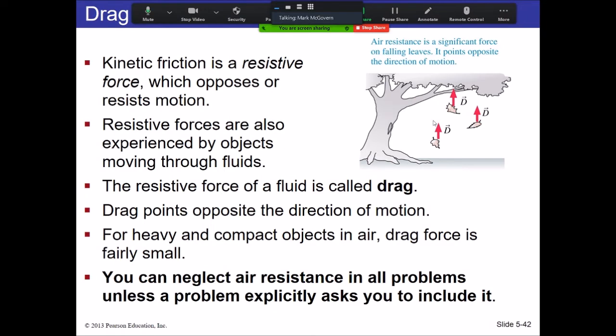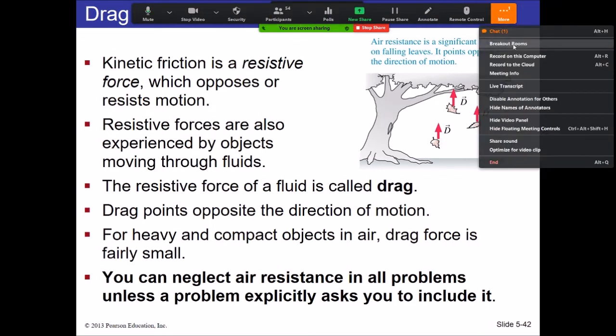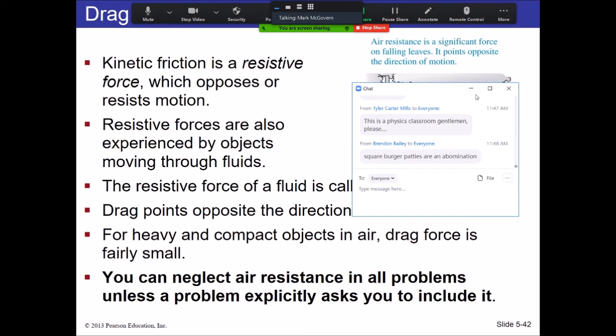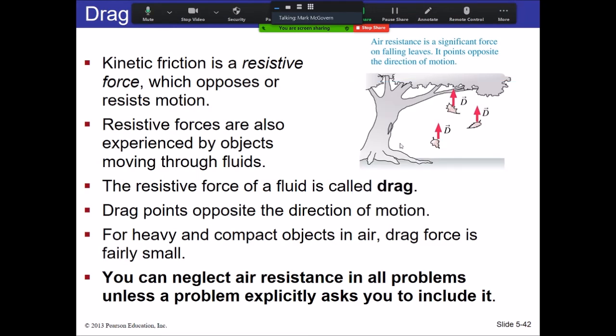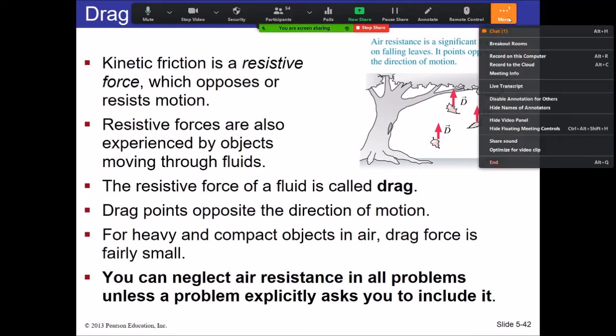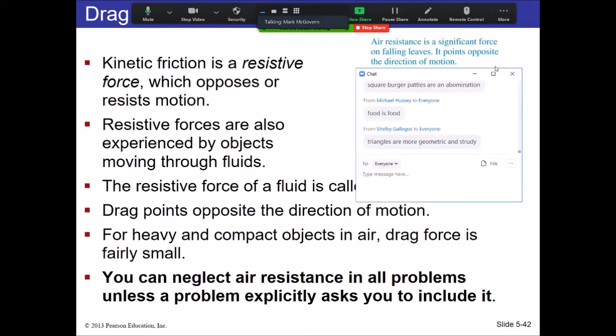There's an upward drag force that causes them to slow down. They're in contact with the air. The air is the agent. Now, we're generally going to neglect air resistance in our problems unless we're specifically told to include it, because mathematically, air resistance is not simple. It requires a differential equation to properly analyze it.